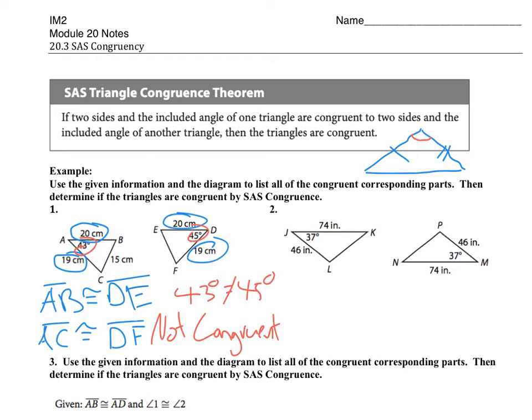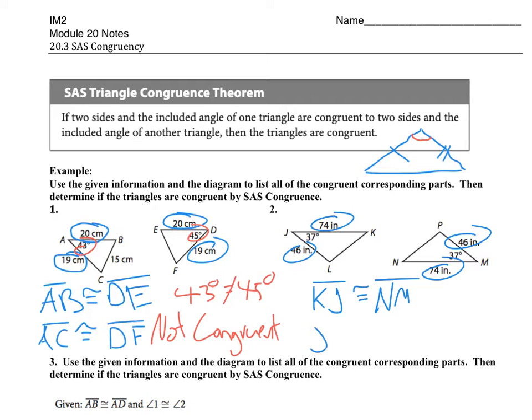All right, let's look at number 2 here now. So 74 and 74. So I have KJ. Now, where you start doesn't matter. You just got to go the same direction. So then here, that would give me NM. Then we have 46.